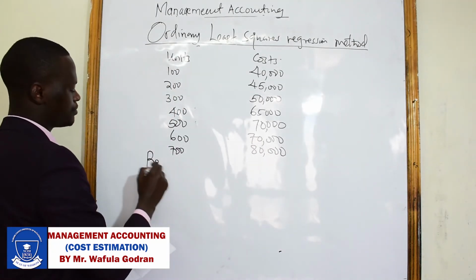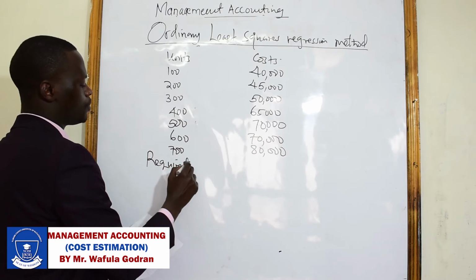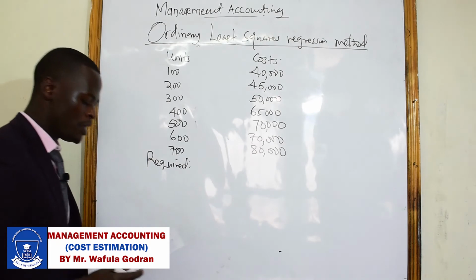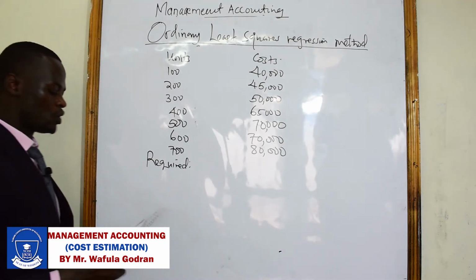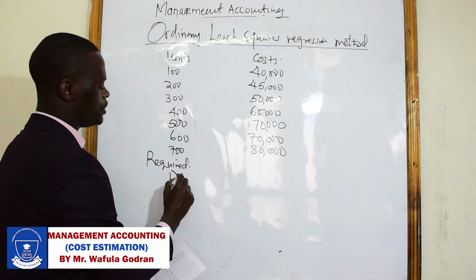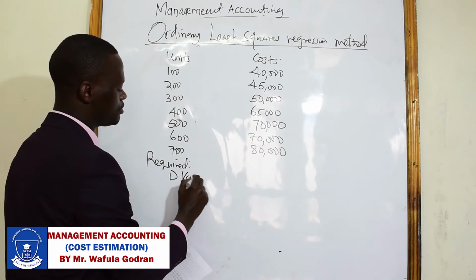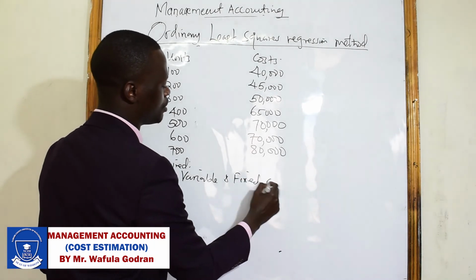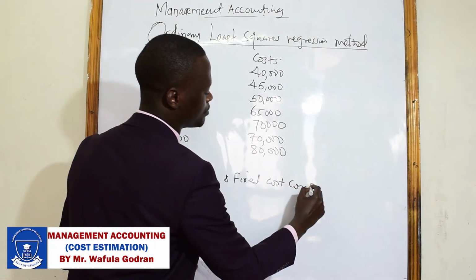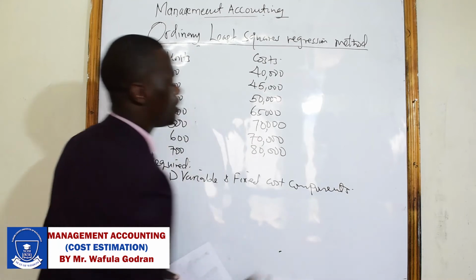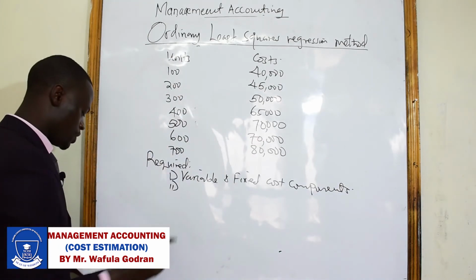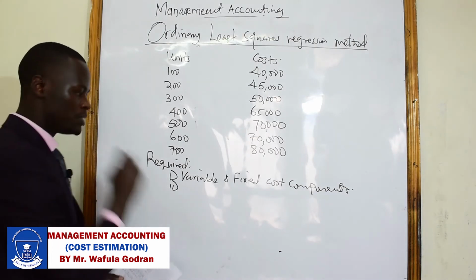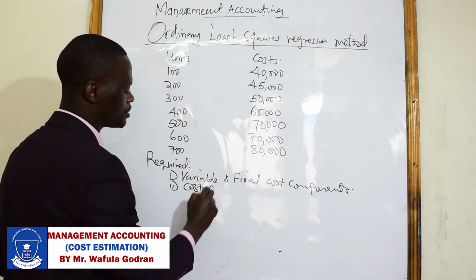Required. We are asked: Roman 1, determine the variable and fixed cost components. Roman 2, determine the cost function in the form y is equals to a plus bx.